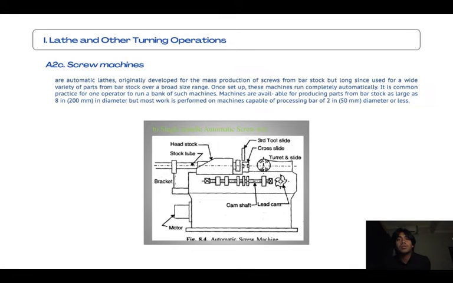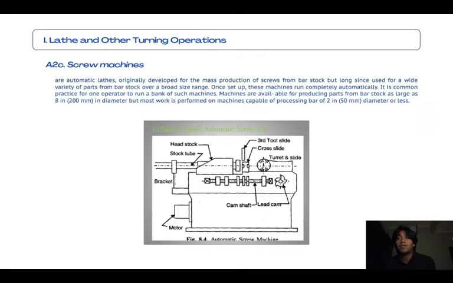Now, screw machines are automatic lathes originally developed for the mass production of screws from bar stock, but long since used for a wide variety of parts from bar stock over a broad size range. Once set up, these machines run completely automatically, and it is common practice for one operator to run a bank of such machines.